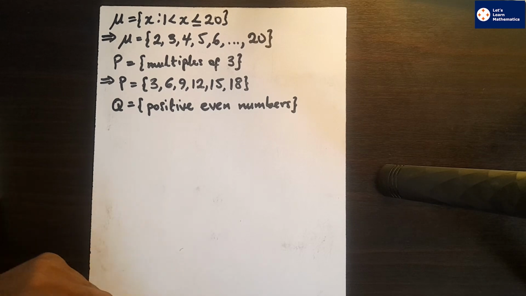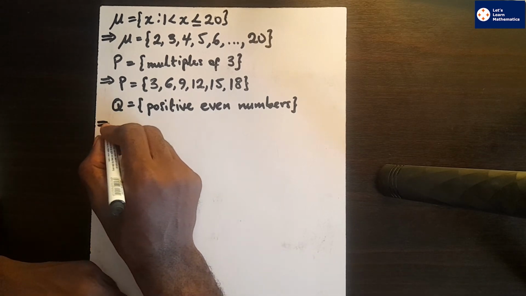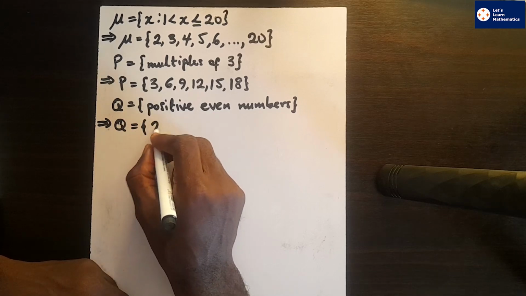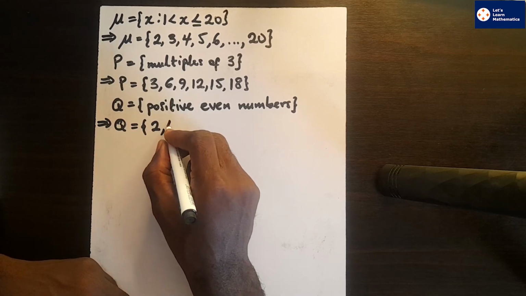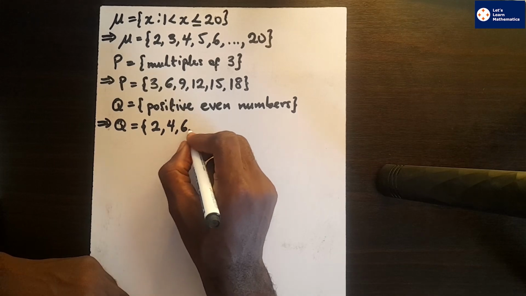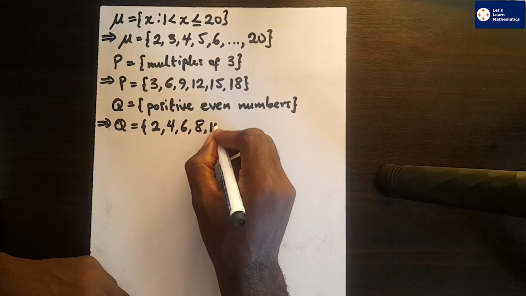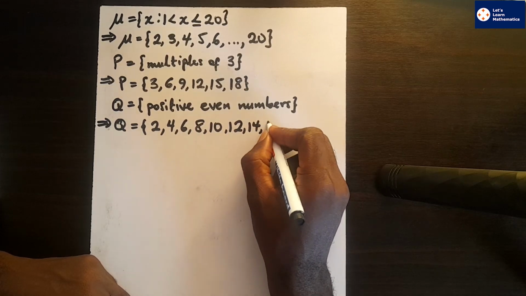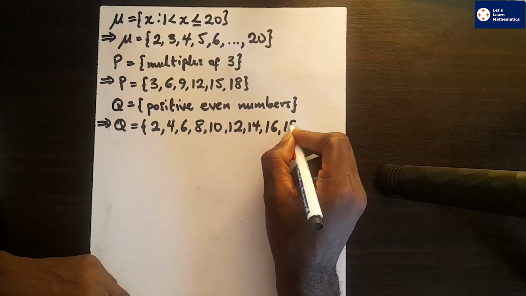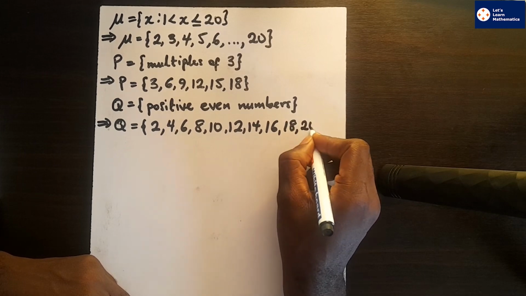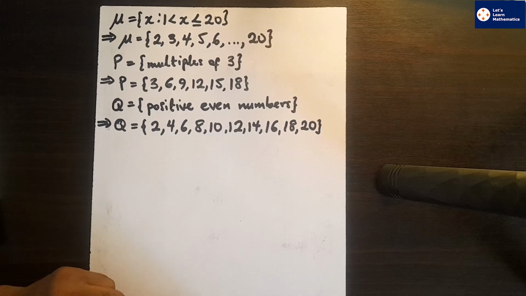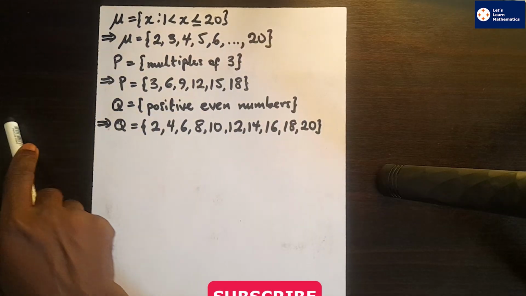Listing, Q starts from 2, then we have 4, 6, 8, 10, 12, 14, 16, 18, and the last one will be 20. So these are the positive even numbers inside the universal set.